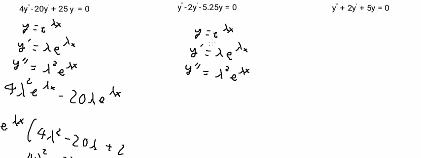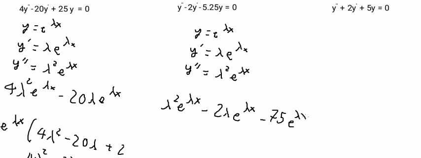So we put this one in here and we get lambda square e to the power of lambda s minus 2 lambda e to the power of lambda s minus 75 e to the lambda s.